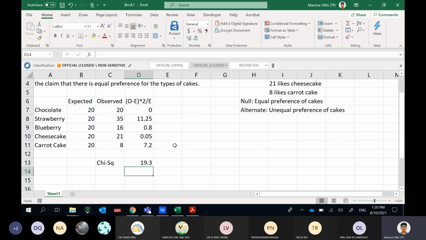Okay, this is your statistic. Now, what is your degrees of freedom here? What is your degrees of freedom? 4, right? 4. Okay. Because it's number of categories minus 1.